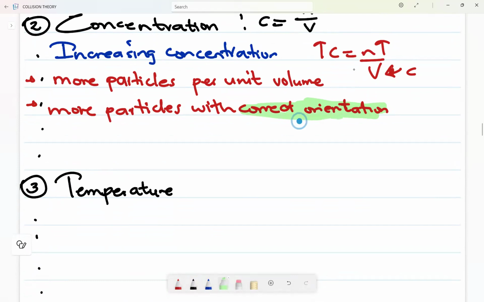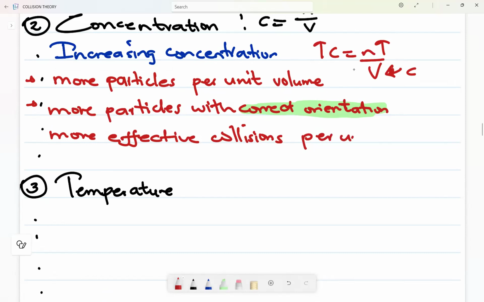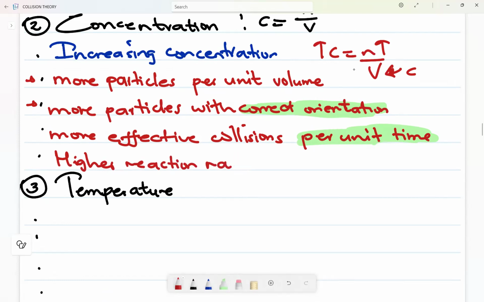If there are more particles with correct orientation, therefore it means more effective collisions per unit time. People will lose marks when I'm highlighting per unit time. Therefore, what will happen to the reaction? Higher reaction rate, or you can just say the reaction rate will increase.